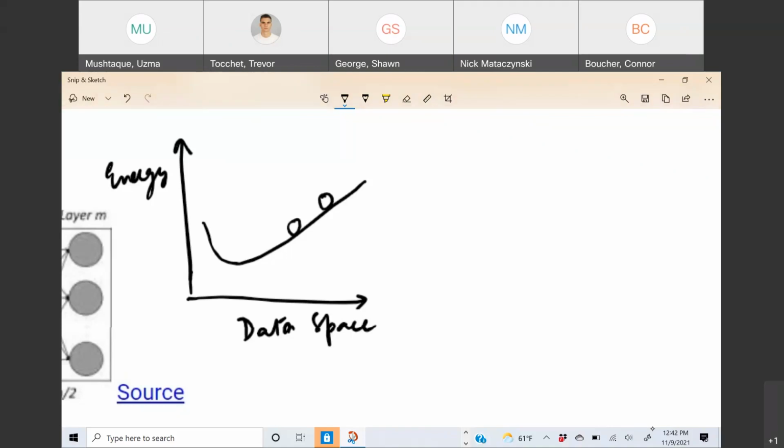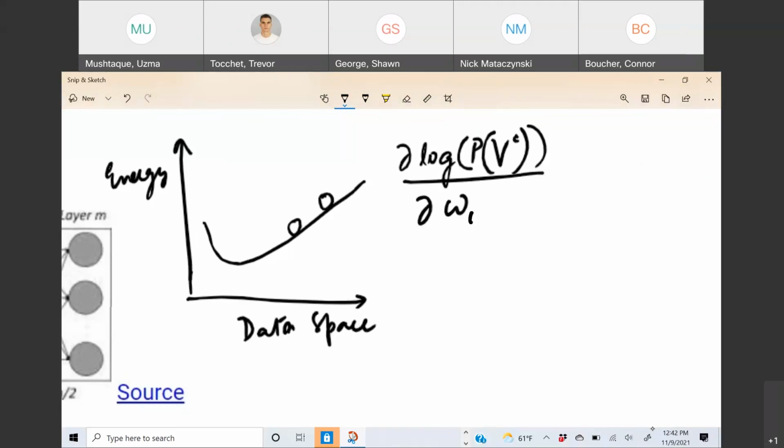The way we can describe this process is that I can have the log probability of some state in my system. I know I'm simplifying this a lot, but as long as you get the intuition, that's fine.